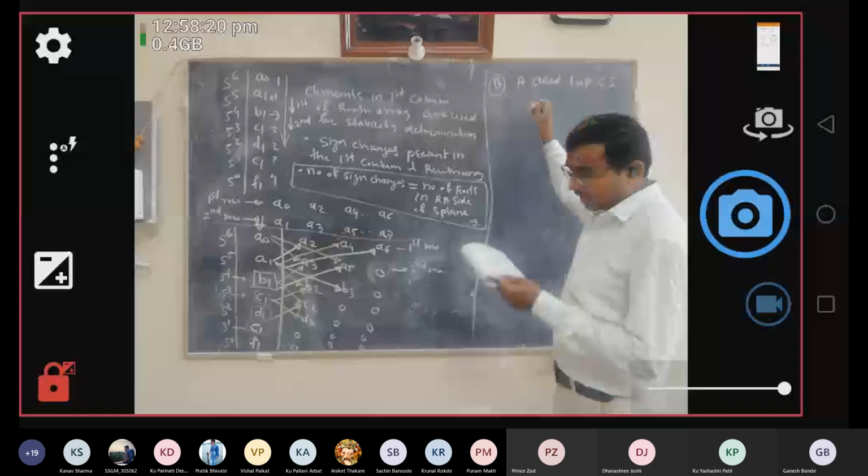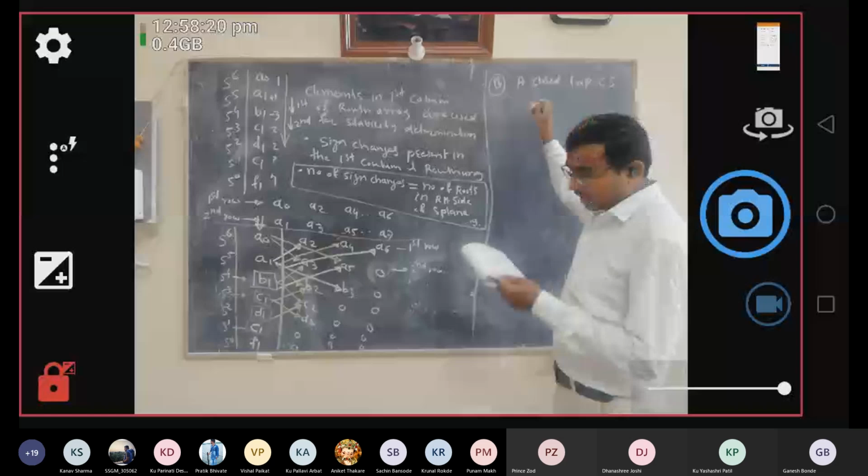First of all, write down the characteristic equation. Here s cube plus 4.5 s square plus 3.5 s plus 1.5 equal to 0. So this is the characteristic equation given to us.